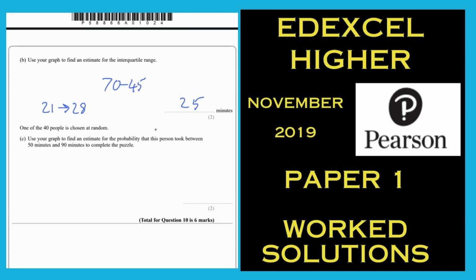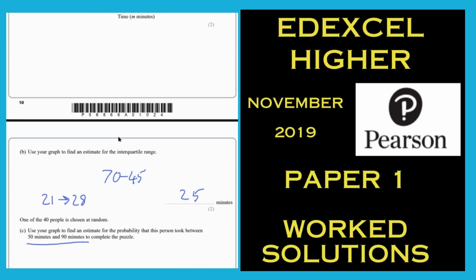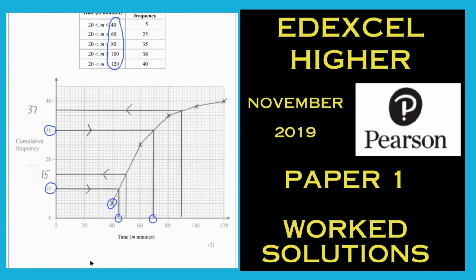Next bit, 40 of the 40 chosen at random, find the probability. Well, get that stuck in straight away because it's out of 40. We now need to go back to our graph, find out how many people are in between 50 and 90, hence my other lines, but going in the opposite direction. There's my 50, up and across, I get 15.